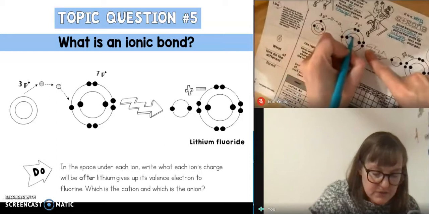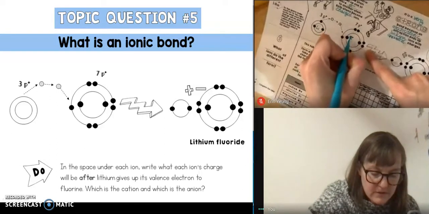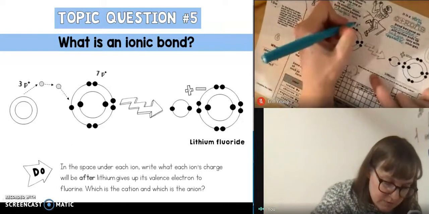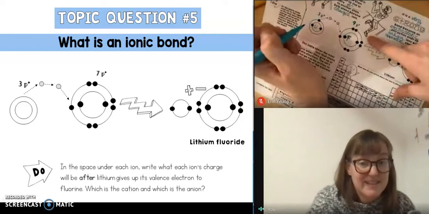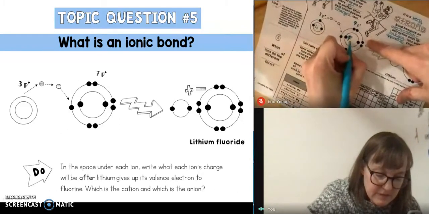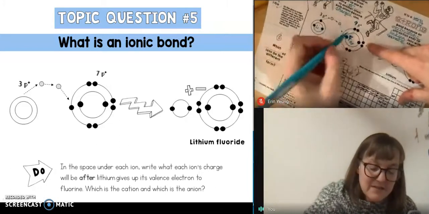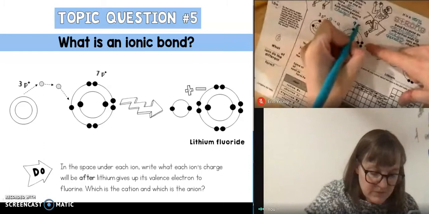This is 9. So this is fluorine, which is 9 protons. Sorry, that's a mistake. Fluorine, 9 protons. 7 valence electrons, which is I think what the 7 was meaning up there.